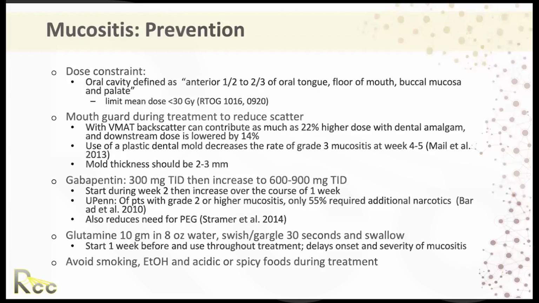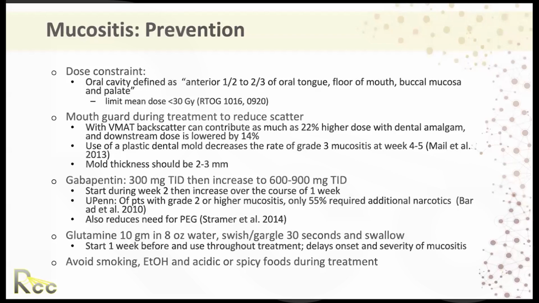But you can use this during radiation, where they can make a mouth guard essentially made of a plastic type material, which can really reduce the backscatter and prevent periodontal mucositis and gingival mucositis in patients. So it's something to consider, particularly if you're going to be irradiating a tonsil patient or an oral cavity patient. I think those mouth guards can be very, very helpful.